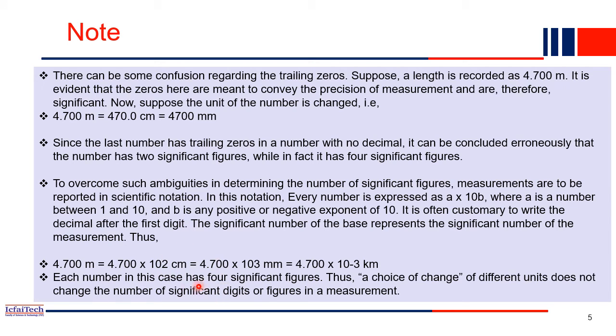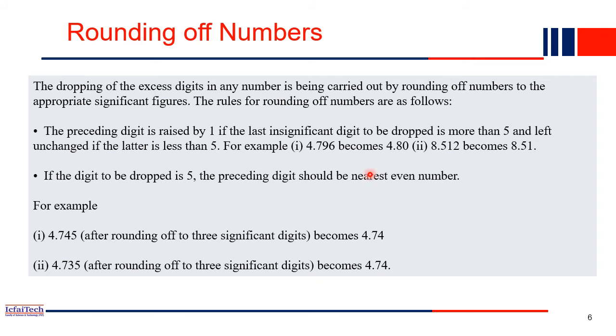So each number in this case has 4 significant figures. This number has 4 significant figures, this also, and this also. Thus the choice of changing different units does not change the number of significant digits in a measurement. So that is a good way to represent it, with 10 raised to the power of something.